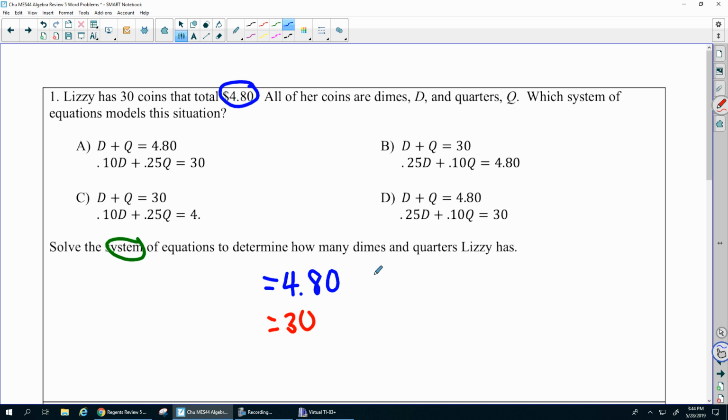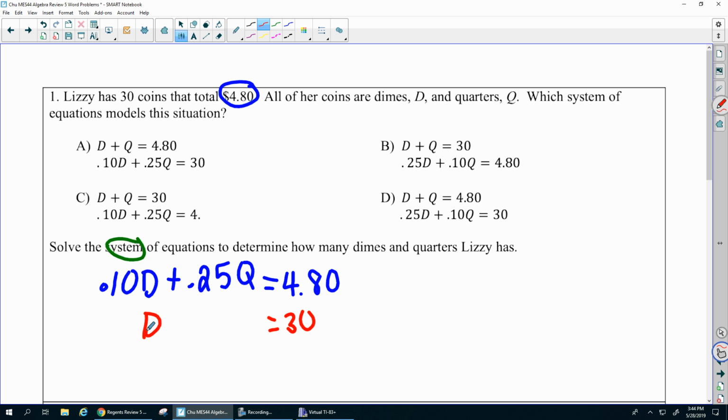Well, how do I get $4.80? If I take a look at all of these equations, somehow I need to add your dimes and quarters together. Now let's ask ourselves, why are we multiplying them? Well, the dimes are worth 10 cents, so they must be multiplied by 0.10. And the quarters are 25 cents, so multiply that by 0.25.